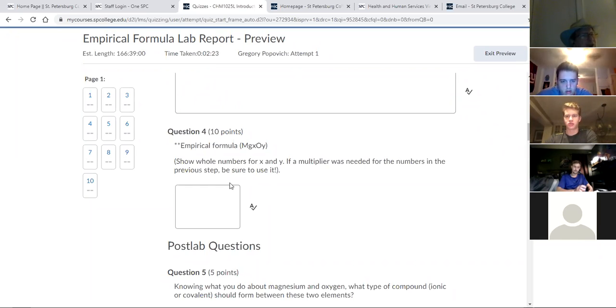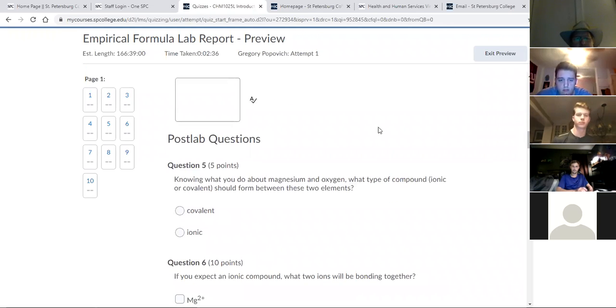Mg is a +2, oxygen is a -2. So you already know the answer you should have right now, but you still have to go through the math to come up with that. And by the way, that's the answer to the next question, question 6.